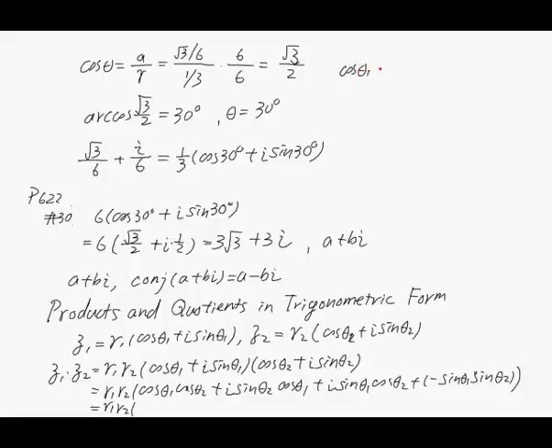Cosine theta 1 times cosine theta 2 minus sine theta 1 times sine theta 2. What is this? Which identity should I use? Sine or cosine? Cosine. Cosine of what?